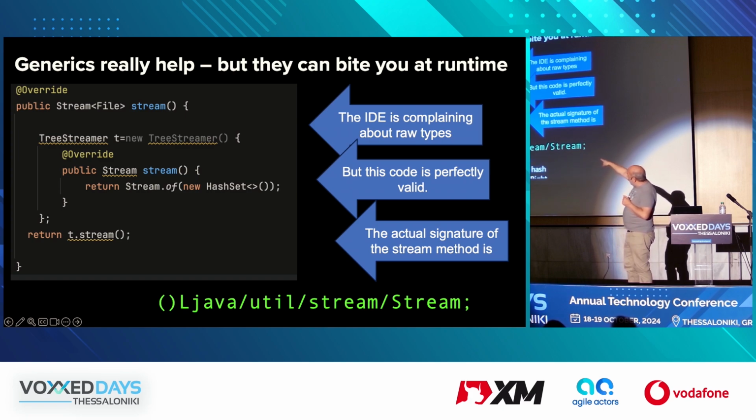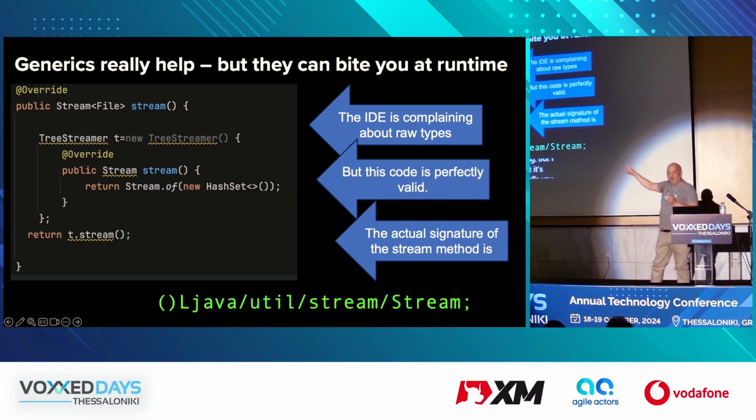Well, it's going to be empty because the code doesn't actually return anything. But I get warnings from the IDE, but it's perfectly valid code. The IDE tells you that the compiler is warning you that maybe this is not a good idea, but it's valid.